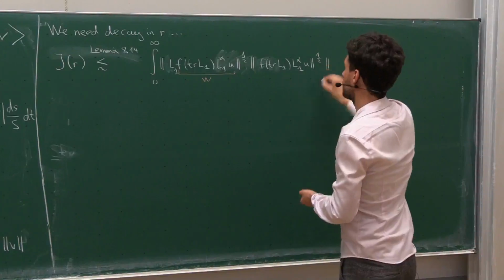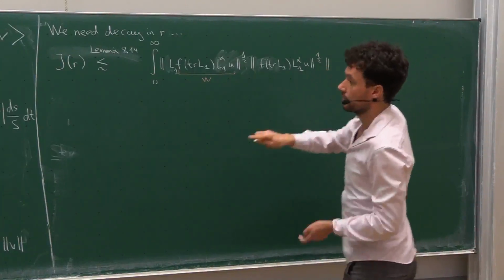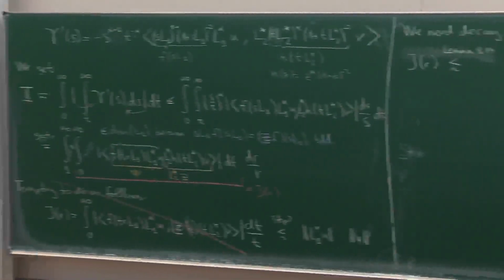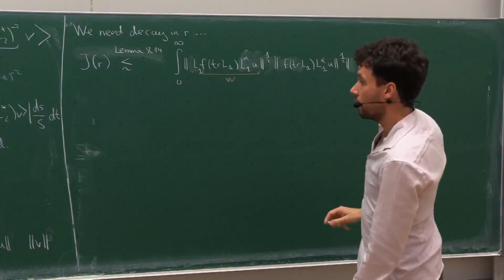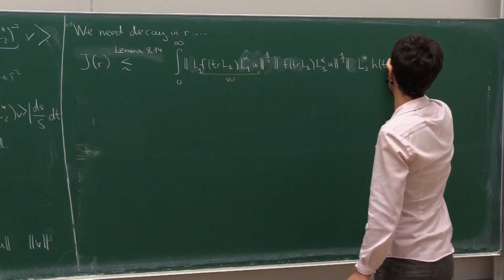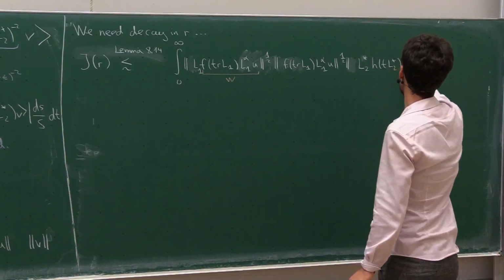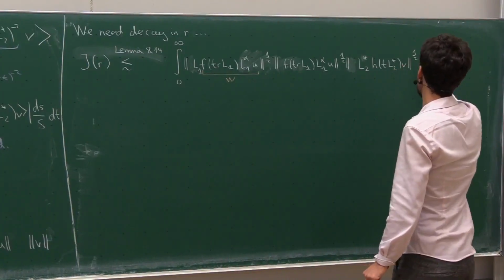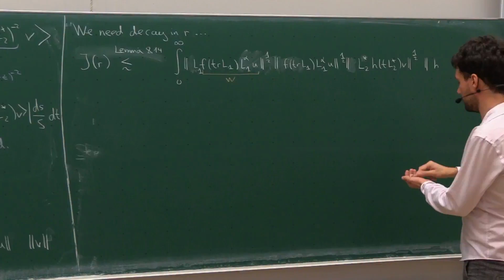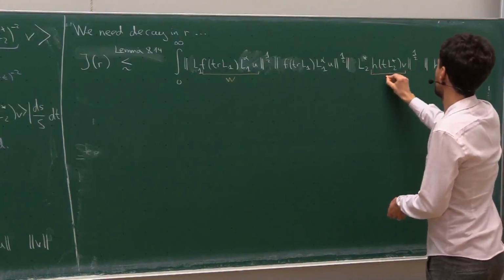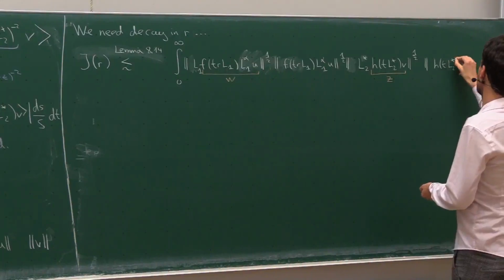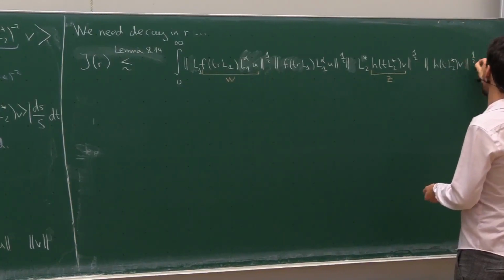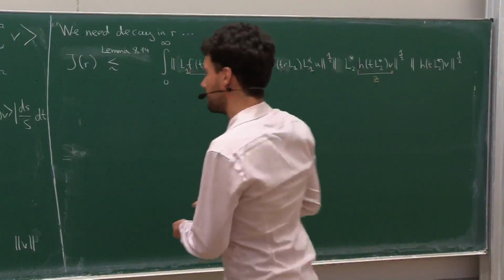Then the next term is L2 star of Z. So it's L2 star of H T L2 star acting on Z, to the 1/2, and the last term is just the Z without the operator. So it's this guy. And there's a dt over t.